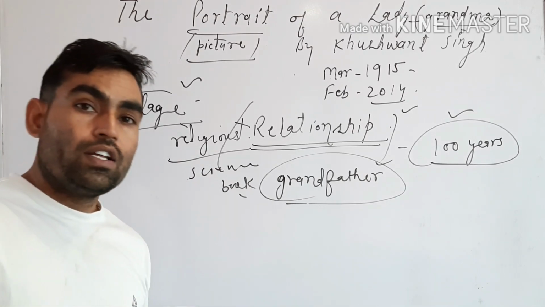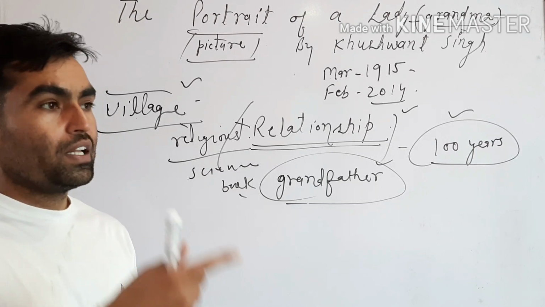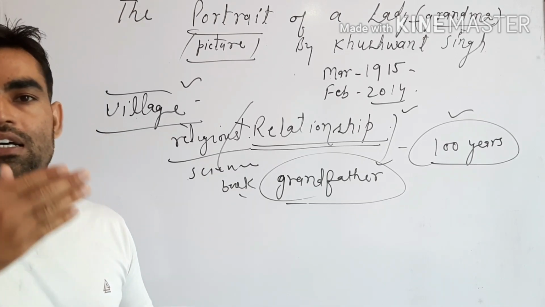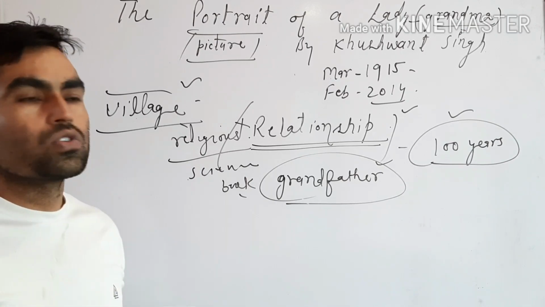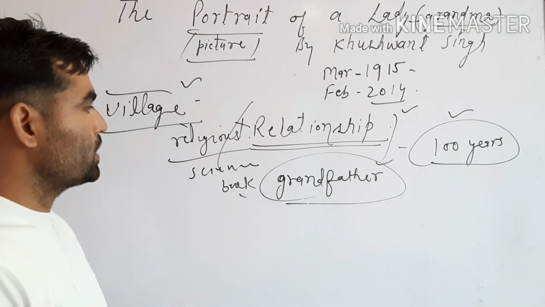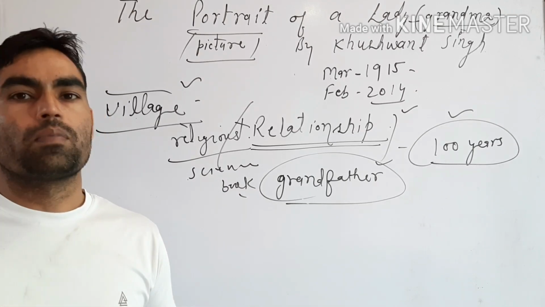When they were in the village, she used to feed the dogs, but now in the city, she starts feeding the sparrows, because there are no dogs in the city, and sparrows have taken the place of the dogs.